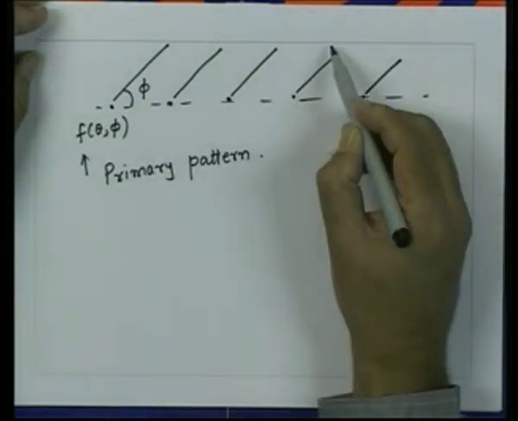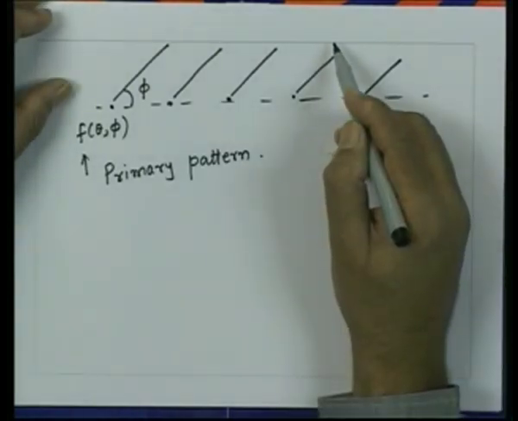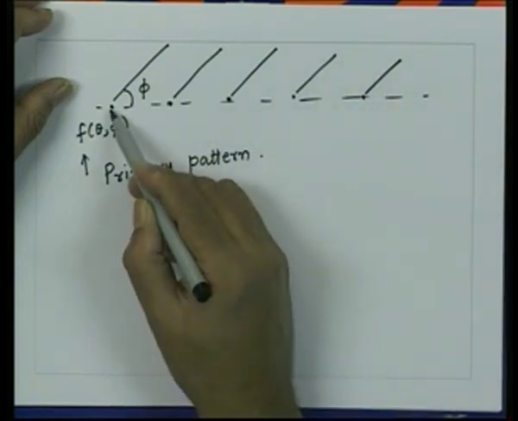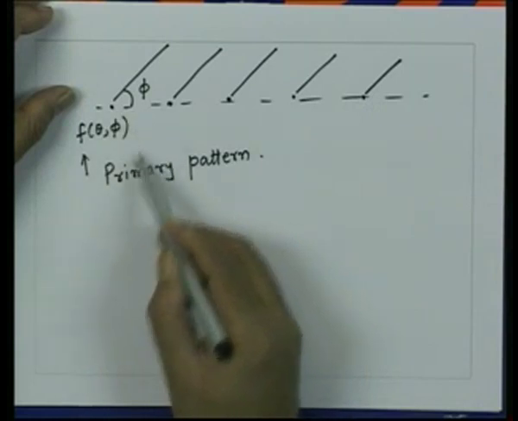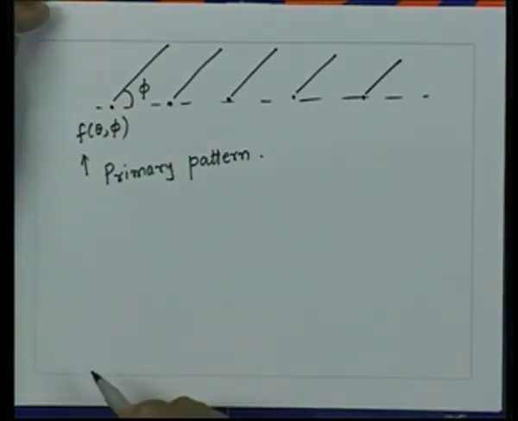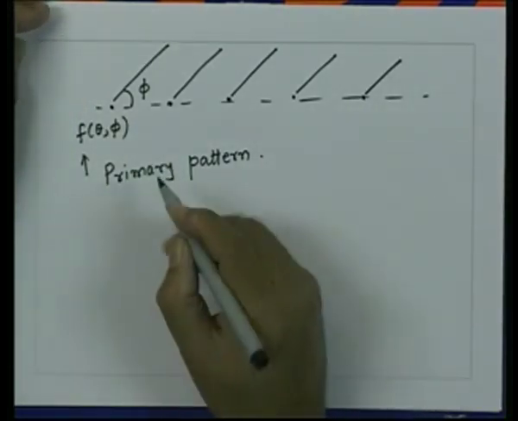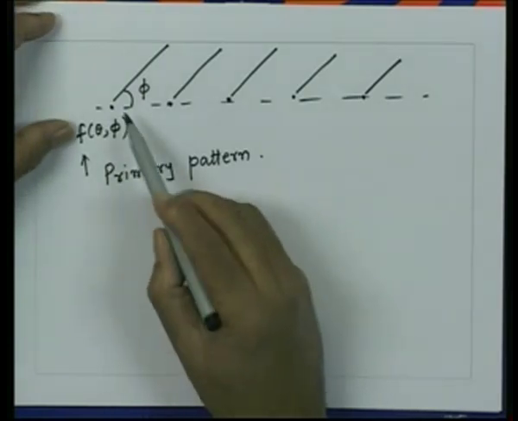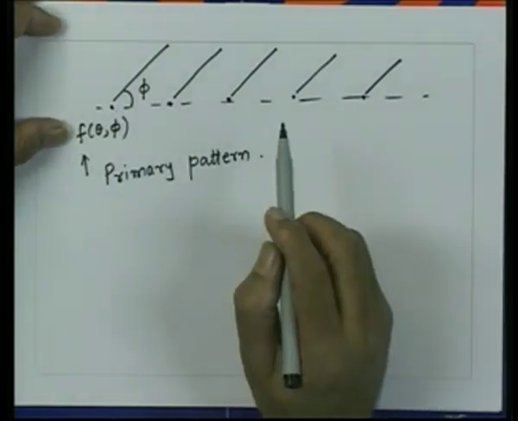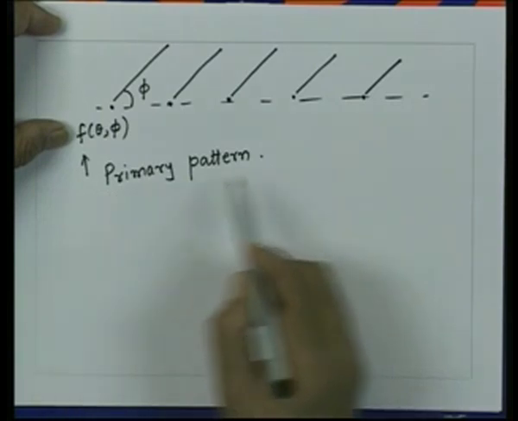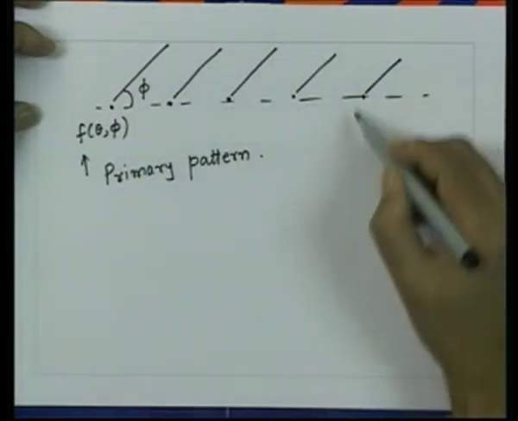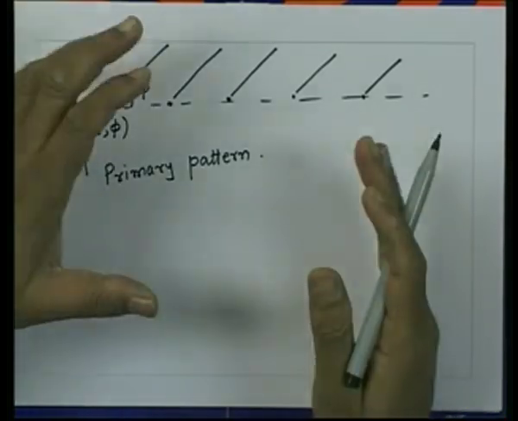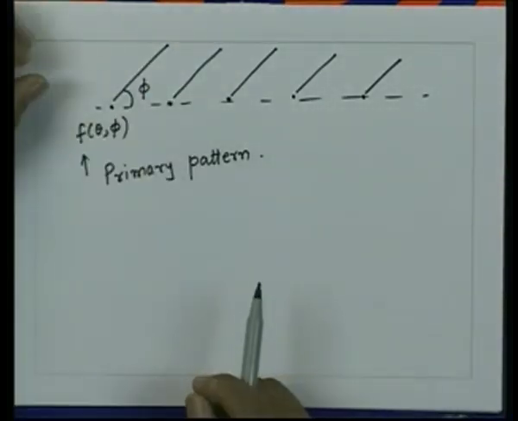So, now in a given direction, the radiation is a superposition of the fields because of the individual elements weighted by the primary radiation pattern. If we consider that all the elements are identical, so they have identical primary radiation patterns, all the radiations from different elements will be weighted by the same factor in a given direction.